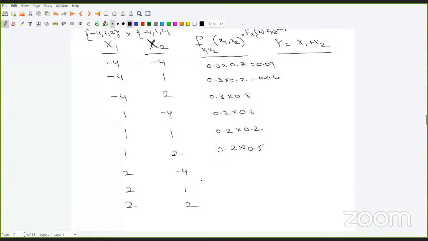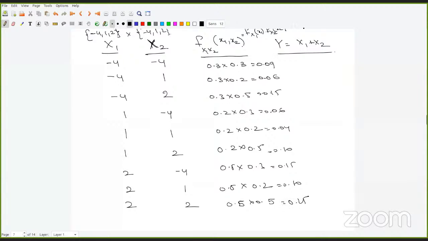I'm doing it quickly, so try to understand that. The probability that x1 takes 1 times the probability that x2 takes 1 is 0.2 times 0.2. Then 0.5 times 0.3, 0.5 times 0.2, 0.5 times 0.5. So the entries are 0.09, 0.06, 0.15, 0.06, 0.04, 0.10, 0.15, 0.10, and 0.25.